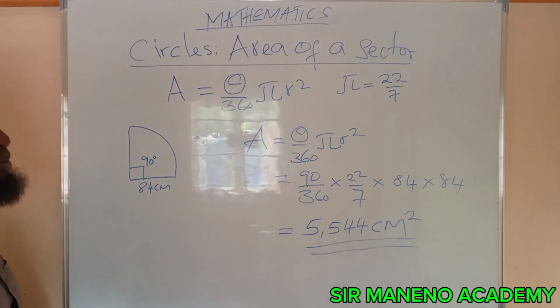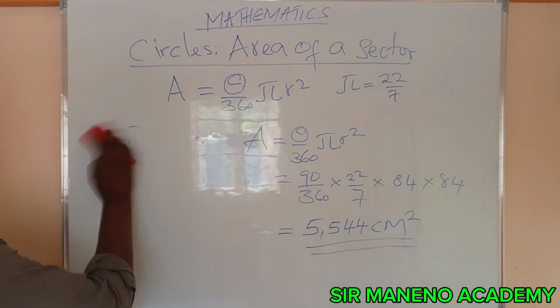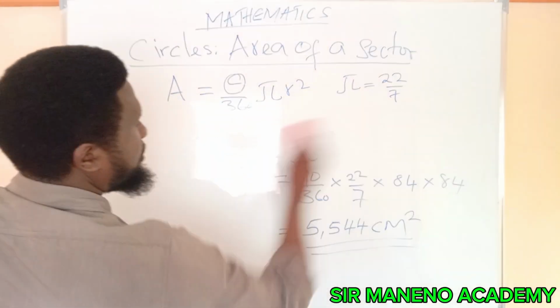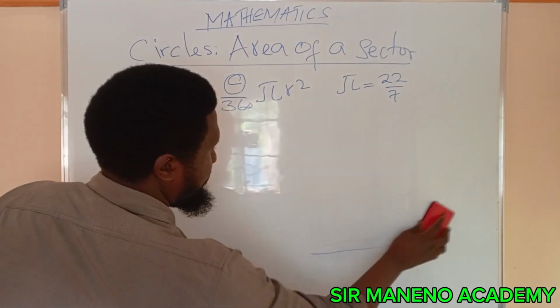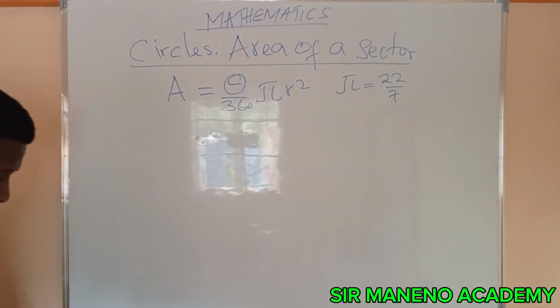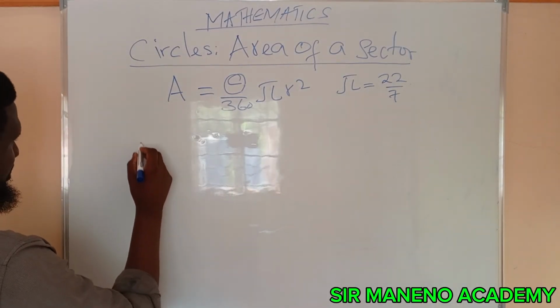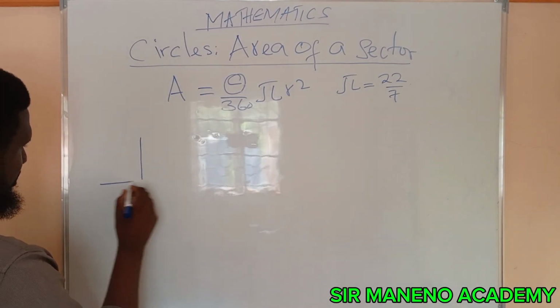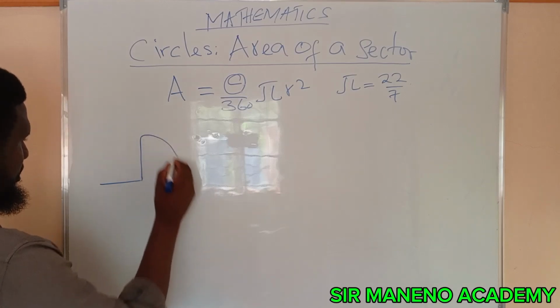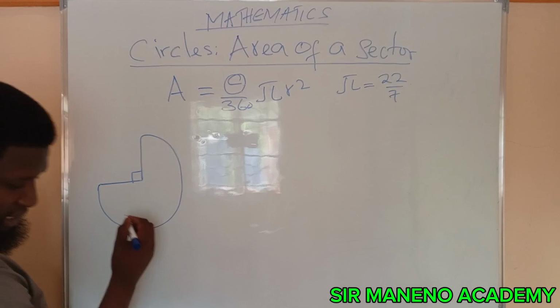Let me have another example here for you so that you can understand this properly. Now, another example here is, let me say we have this. Then you are given radius.